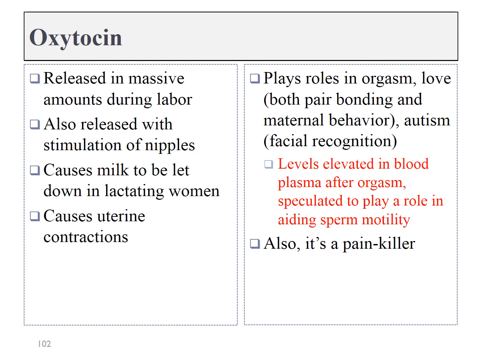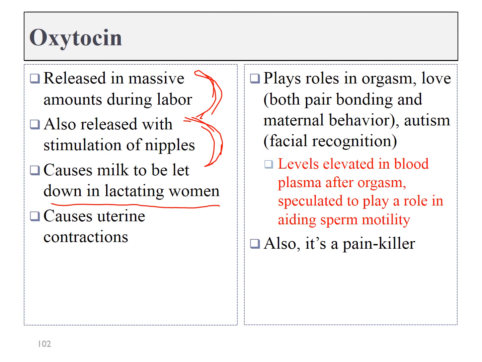Oxytocin has a number of different jobs, which I covered in BI 231. It's also released during labor, which can trigger smooth muscle contractions of the uterus, this time pushing babies out rather than pulling semen in. Oxytocin is also released when the nipples are stimulated and triggers the letdown reflex in women whose breasts have been primed to lactate prior.